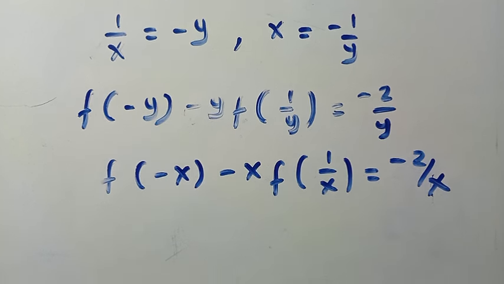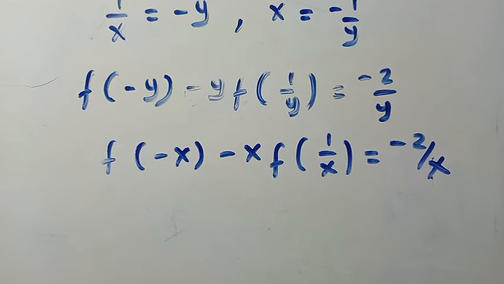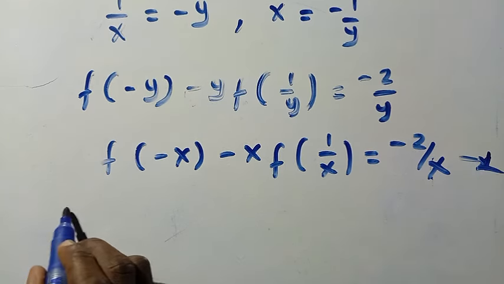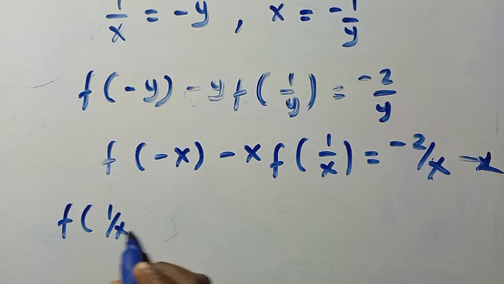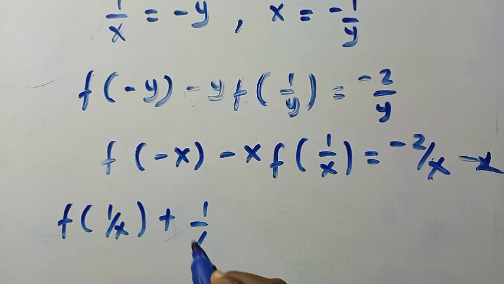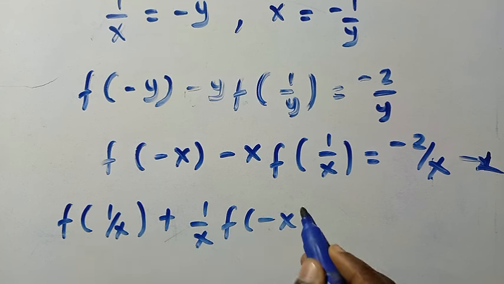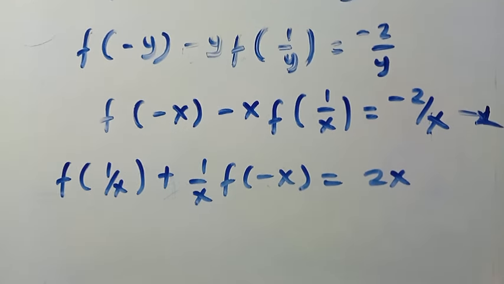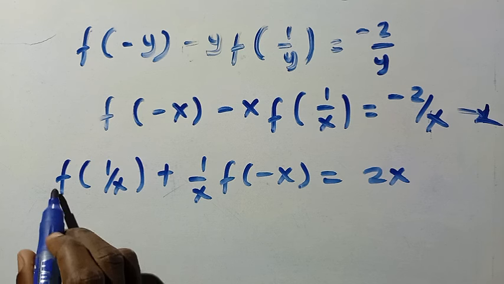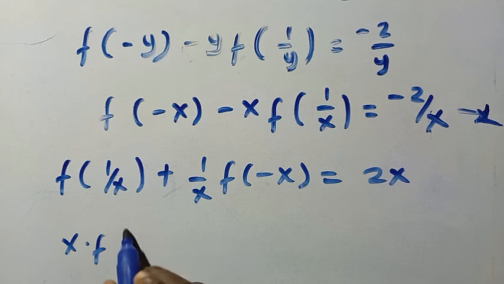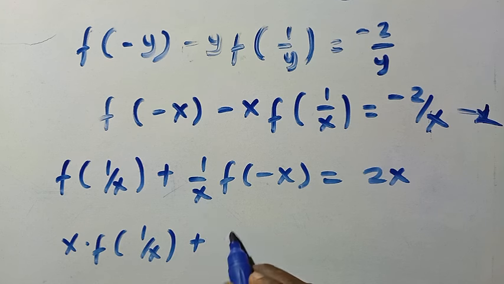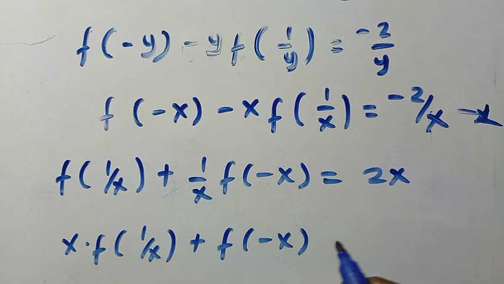From the first equation, f(1/x) + (1/x) f(-x) = 2x. Multiplying by x, we have x f(1/x) plus, so x cancels this, only f(-x) equals 2x squared.